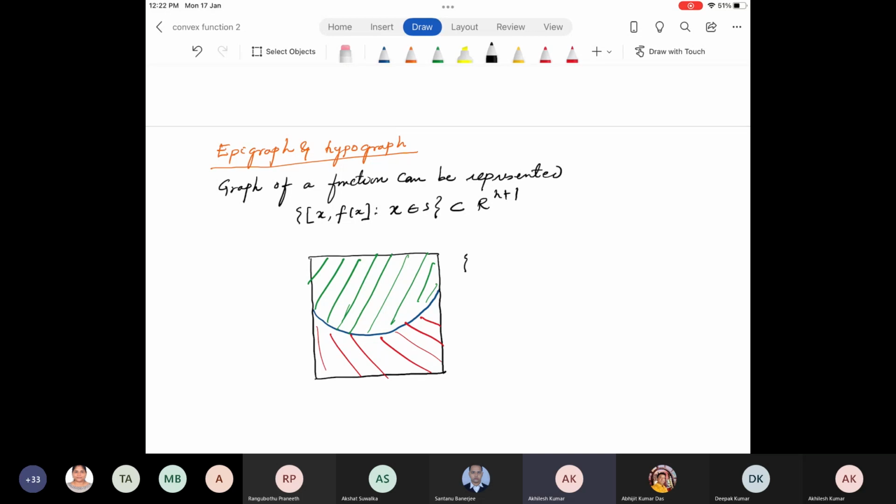So we define x comma y such that x belongs to S, y belongs to R, if y is greater than or equal to f(x). We say it is the epigraph, or epi of f.